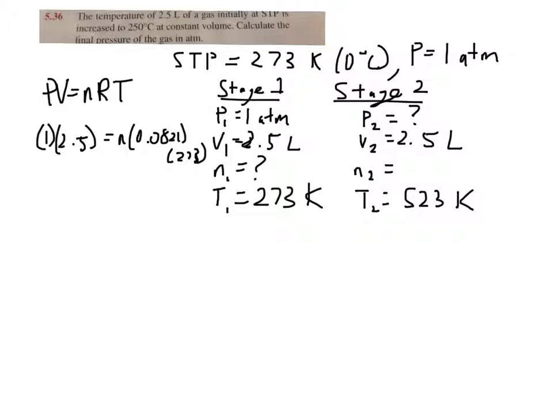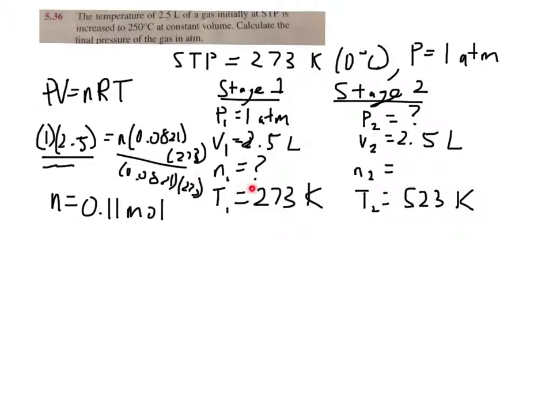Then we basically just solve for N, dividing by the 0.0821 and the 273. That gives us 0.11 moles. So now we know that our value for N1 is 0.11 moles.